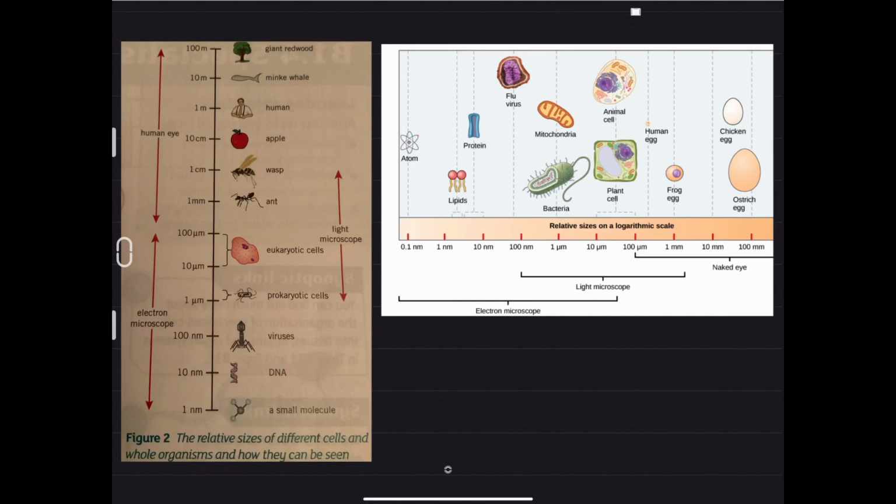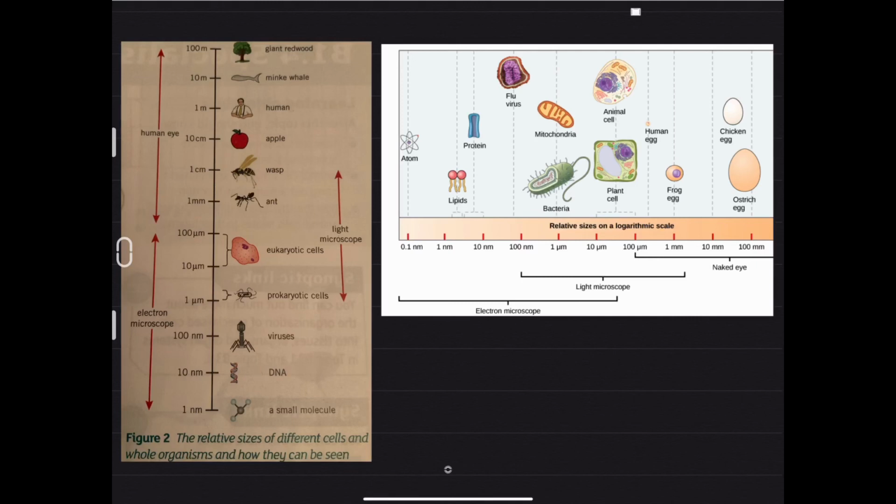down the scale in terms of more and more smaller measurements. When we get to the bacteria, and bacteria are prokaryotes. Now look at the scale or the relative size of a bacteria to the mitochondria. Now if you remember back to the eukaryotic diagram, mitochondria are found inside eukaryotic cells.